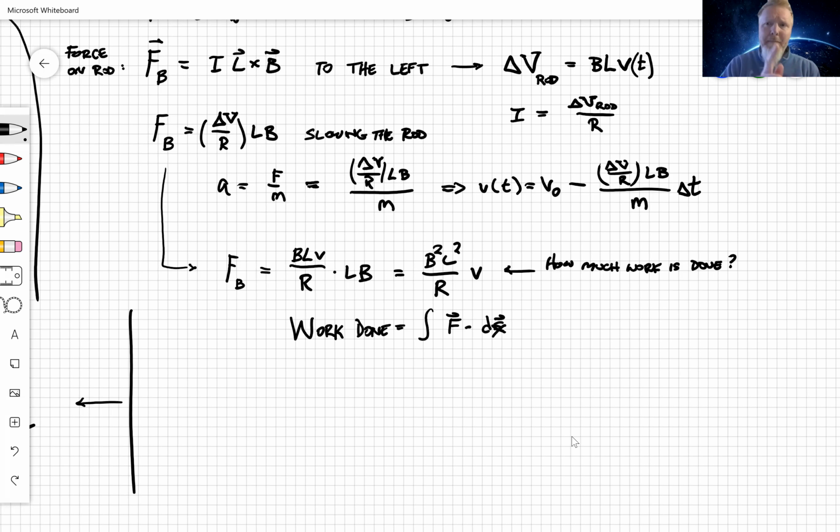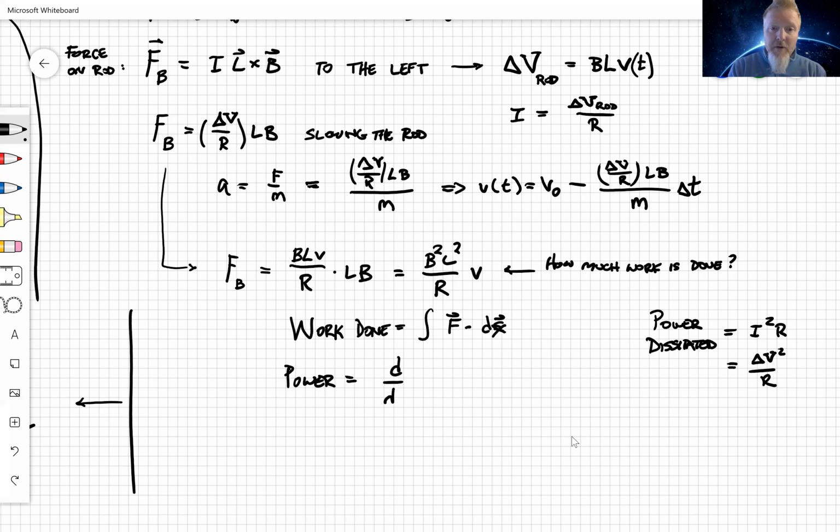So if I really want to get the power, what I would need to do, if I want to compare the power, because in an electrical circuit, we know the power, right? We talked about power dissipated in a resistor as being equal to I squared R or delta V squared over R or something like that. So if I want the power so I can compare, I'm going to have to take d by dt of the work done.